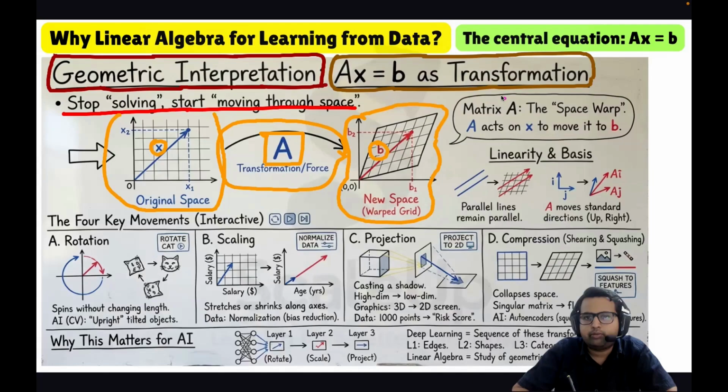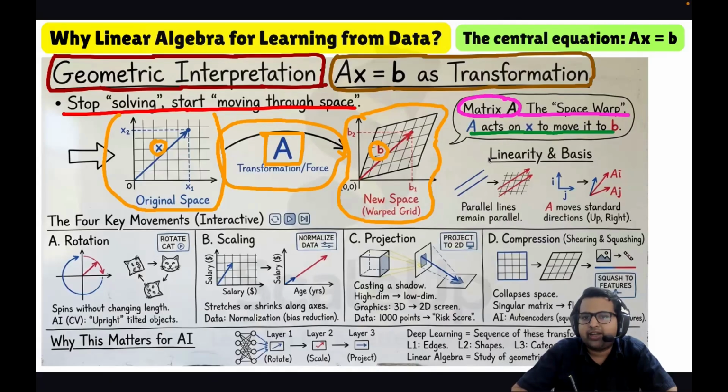Here matrix A is the space warp. Matrix A acts on x to move it to b. Now we will discuss the concept of linearity and basis in this transformation.